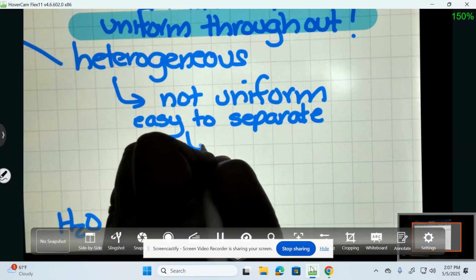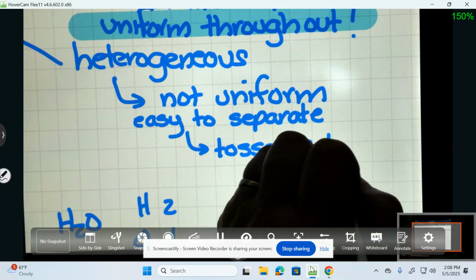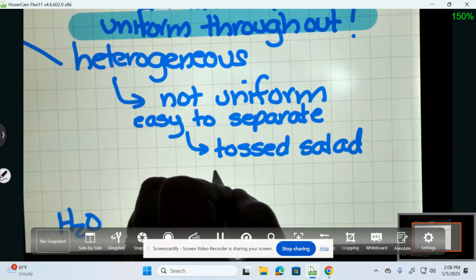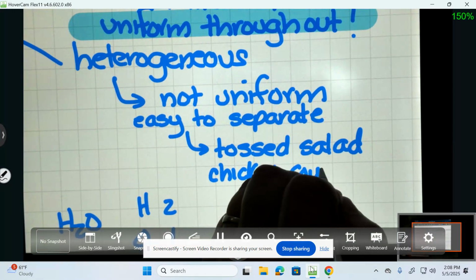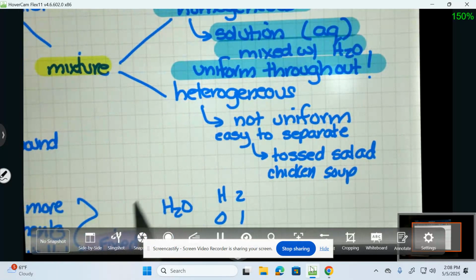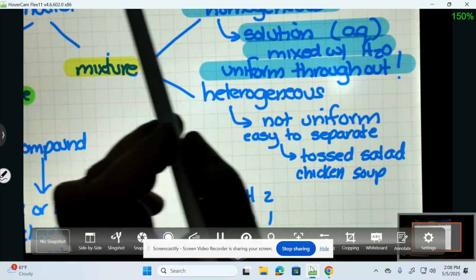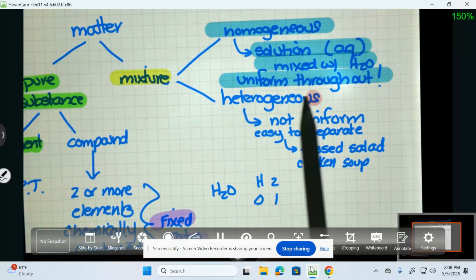So things like a tossed salad, chicken soup. You can see the tomatoes, you can see the cucumbers, you can see the chicken, you can see the noodles. That's a heterogeneous mixture. What color haven't we used yet? Red?